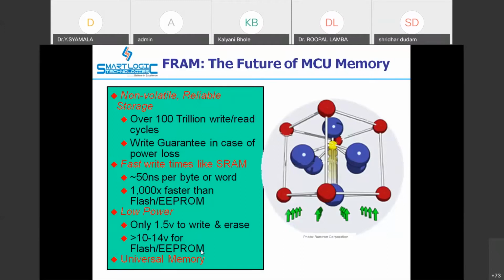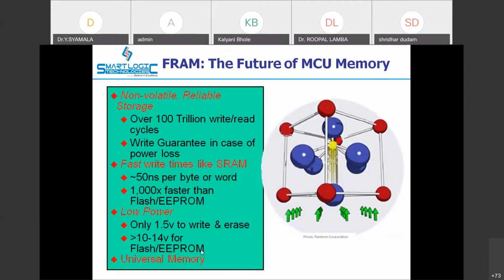That is again a selection criterion, because generally reading is the same for any memory ICs, but writing varies. Some RAM ICs require more time for writing, some require less. That is a variation, so you have to select that.